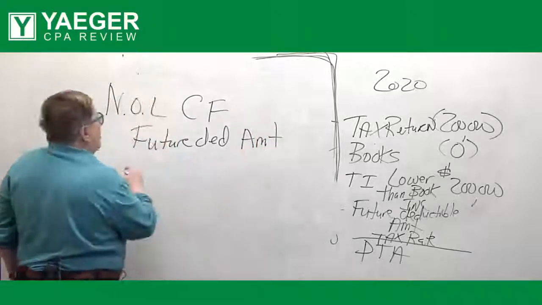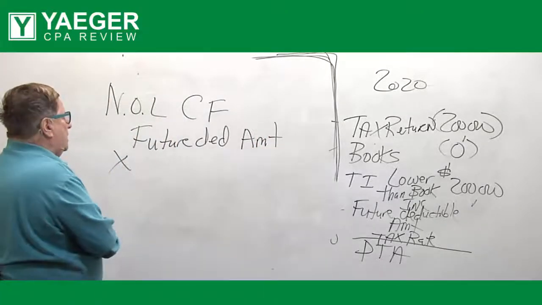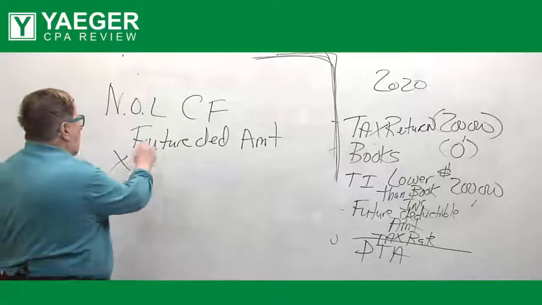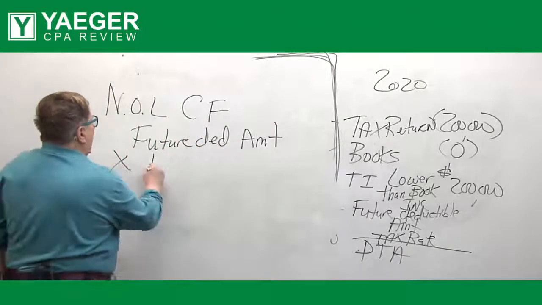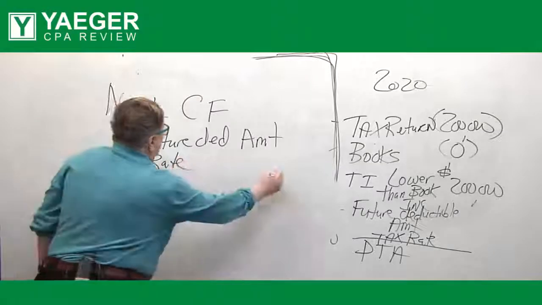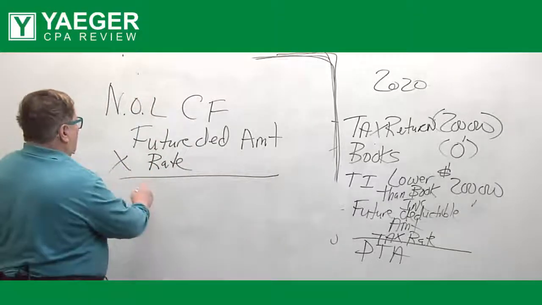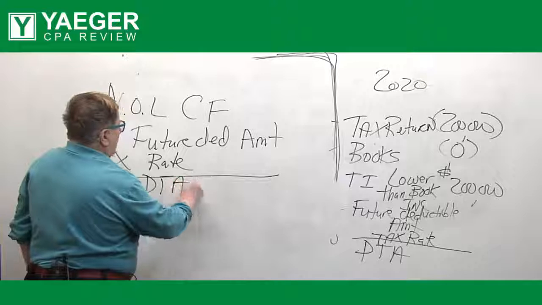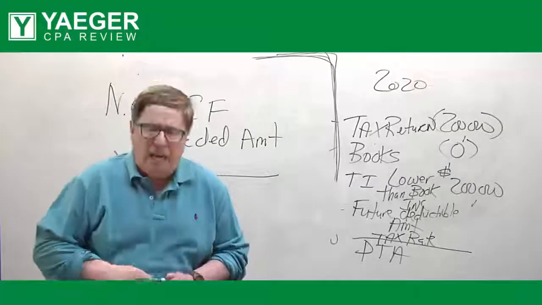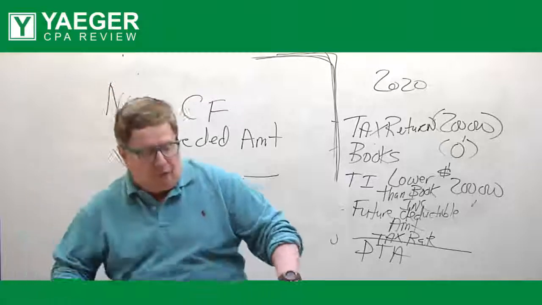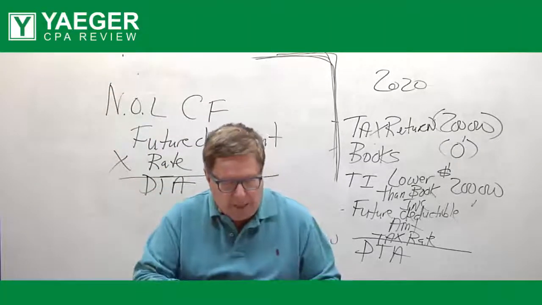So you're going to multiply them by either the current rate or the rate that will be in effect when you expect these to be tax deductible. Future deductible amounts give you a deferred tax asset. So you're going to debit deferred tax asset, and you'll credit income tax expense deferred. Remember that.